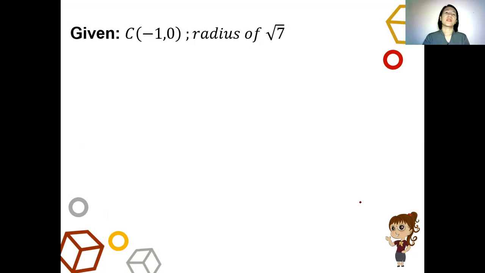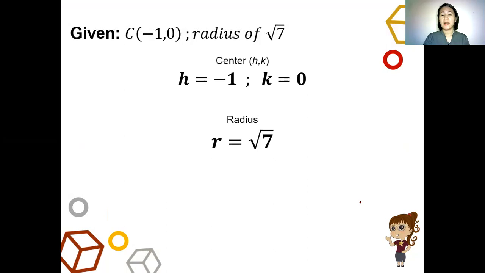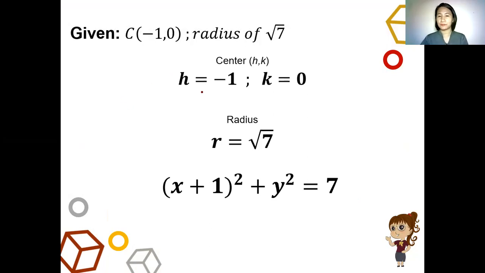Number 2. Center is at (-1, 0), radius of square root of 7. So for the center, h is -1, k is 0. Radius is square root of 7. So the equation of the circle will now be (x plus 1) squared plus y squared equals 7. Now you have to notice the following.